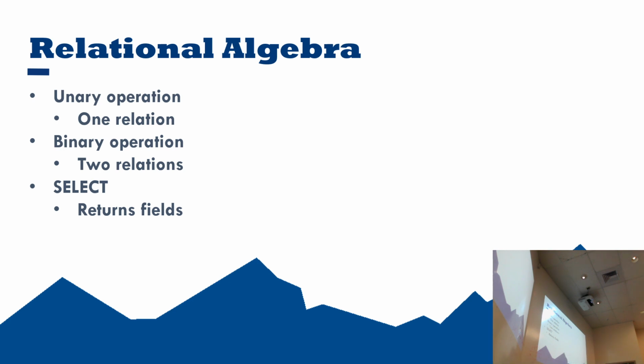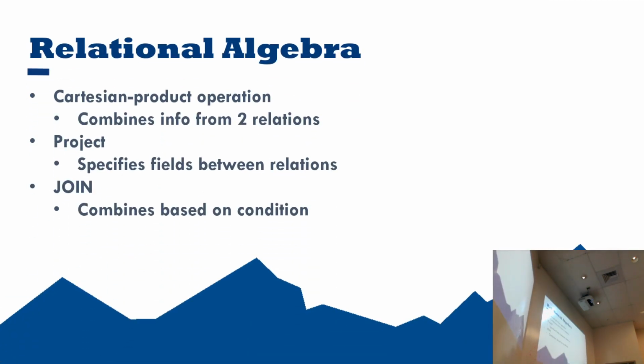Okay, so select, that's basically going to be where you're going to be able to return fields. So like I said, you have select star, that's selecting everything from the person table. That's an example of select relational algebra. All right, and you got Cartesian product operation. Basically, it's where you're taking information from two or more relations, and you're combining it. Okay, so the product is multiplied. But don't think of it in terms of multiplied as in any sort of mathematical multiplication.